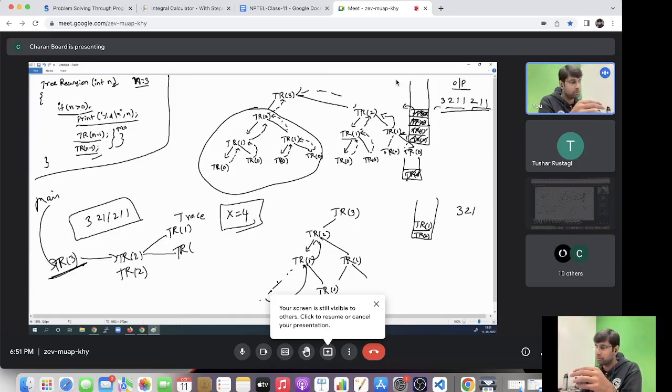So 211 will be there. Sir, the boxes you are drawing, are they the stack? In the boxes you are representing tr of 2, 1, 3, and you cut them in the previous diagram. No, this is the process memory state. For your better understanding, I have represented it as a stack.